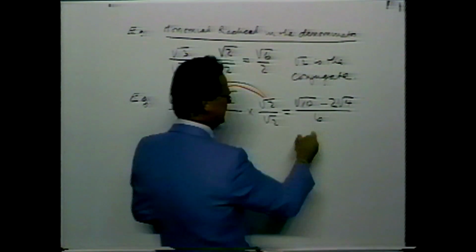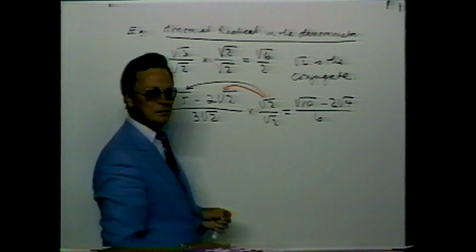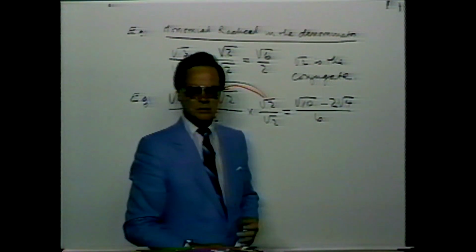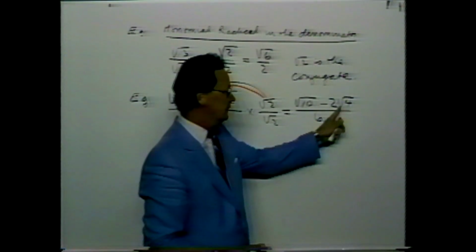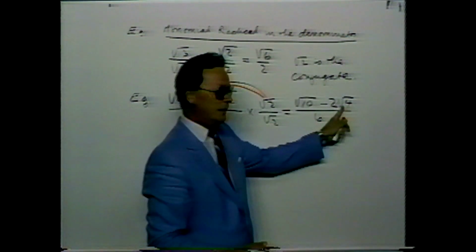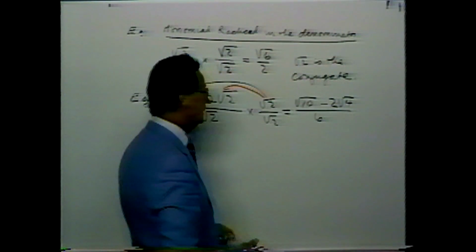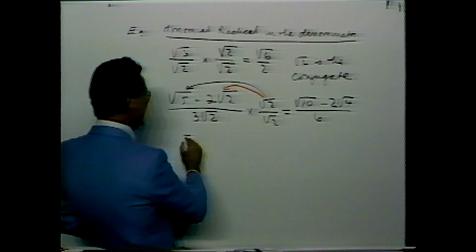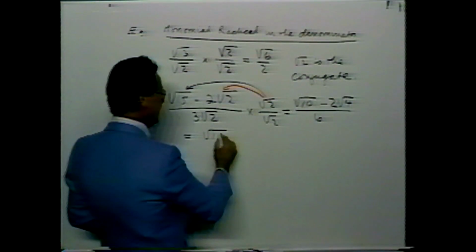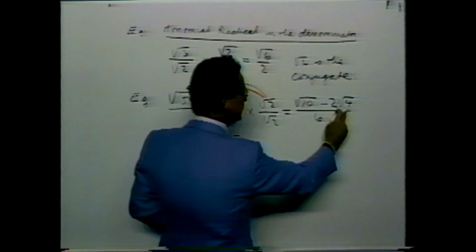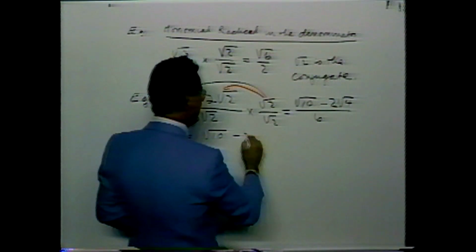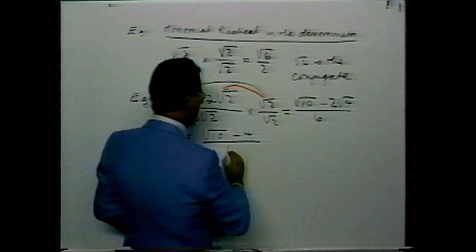The denominator is radical free, and we have completed the division as required, but we still have to do a bit more work and simplify this part of the expression. So we are not done until we do that, and the final answer is the square root of 10 minus the square root of 4, which is 2. 2 times 2 is 4, so we have minus 4 all over 6.